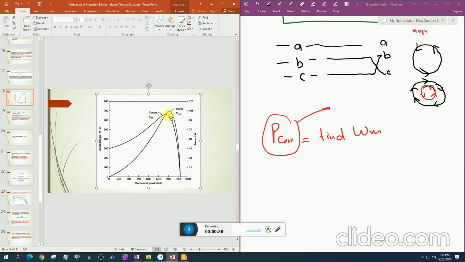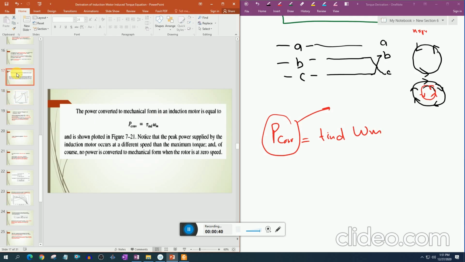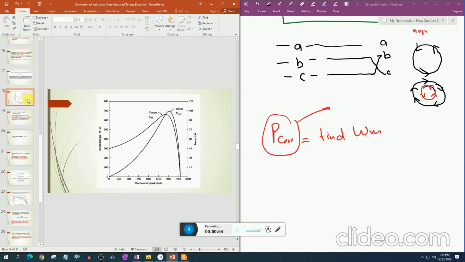Similarly, you can see on this graph the peak occurs at a different point. Notice that the peak power supplied by the induction motor occurs at a different speed than the maximum torque, and of course no power is converted to mechanical form when the rotor is at 0 speed. So these two points can be indicated from this graph.